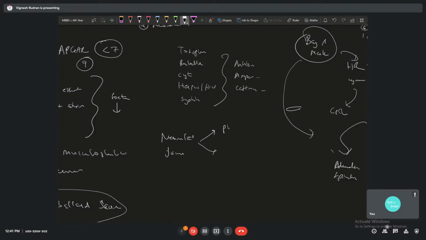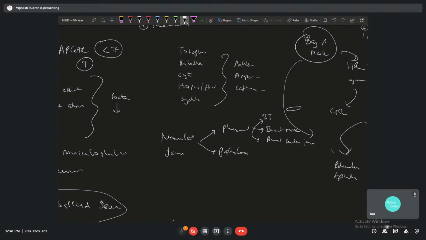That is physiological and pathological jaundice. Physiological jaundice can be due to birth trauma, or breast milk jaundice, and breastfeeding jaundice, I guess.